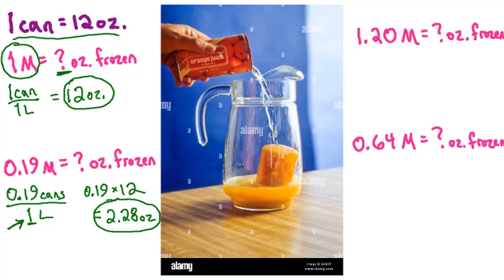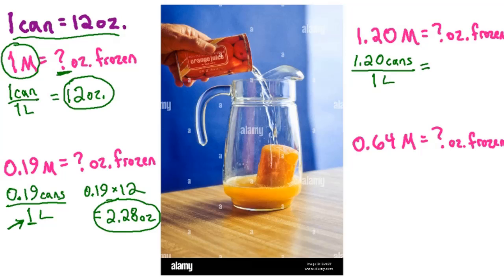Now let's do the right column. We have a 1.20 molarity. So how much frozen orange juice did we put in that water? Well, 1.20 molarity means we used 1.20 cans in 1 liter of water.